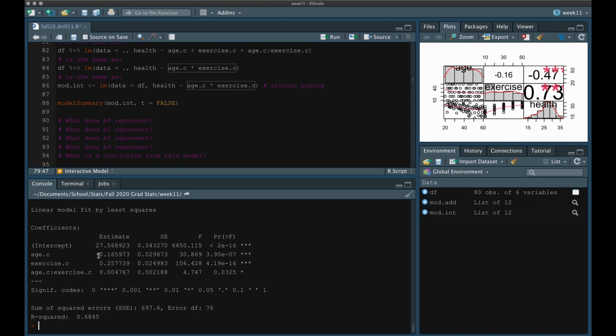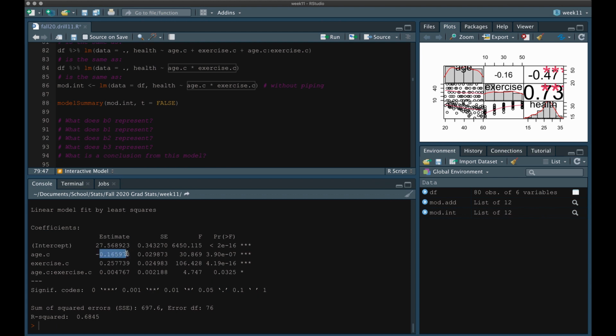So, in other words, if we expect a decrease of 0.165, we'll call it 0.17, in health for somebody who is the average and exercises on average this much, this 0.004, 0.005 we'll call it, is how much, if we go up 1 year beyond 0, we expect the exercise effect to change by 0.04.